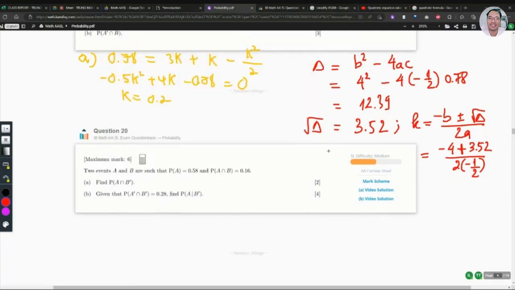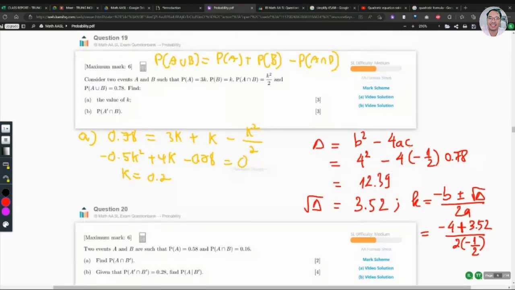Discriminant: 4 times ac. A is 0.5, c is minus. Oh, another minus. Sorry, minus 0.75, not plus 0.78.